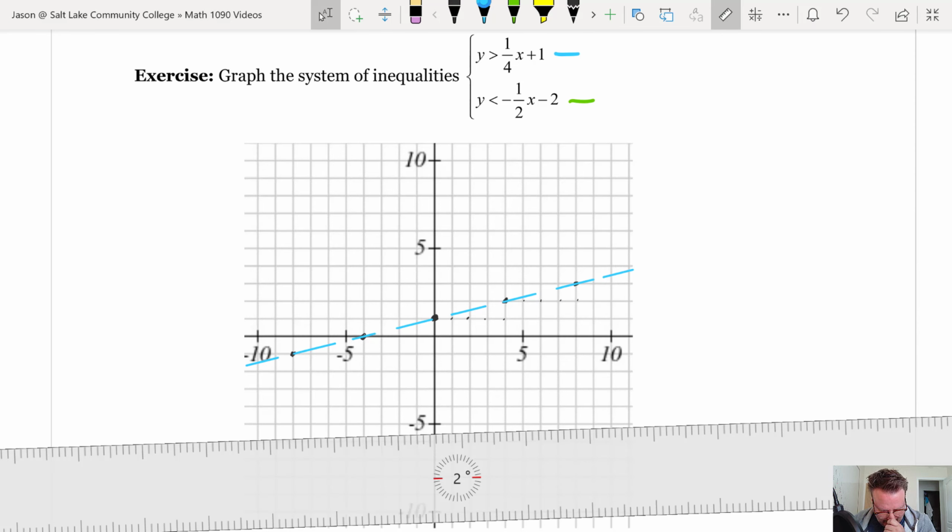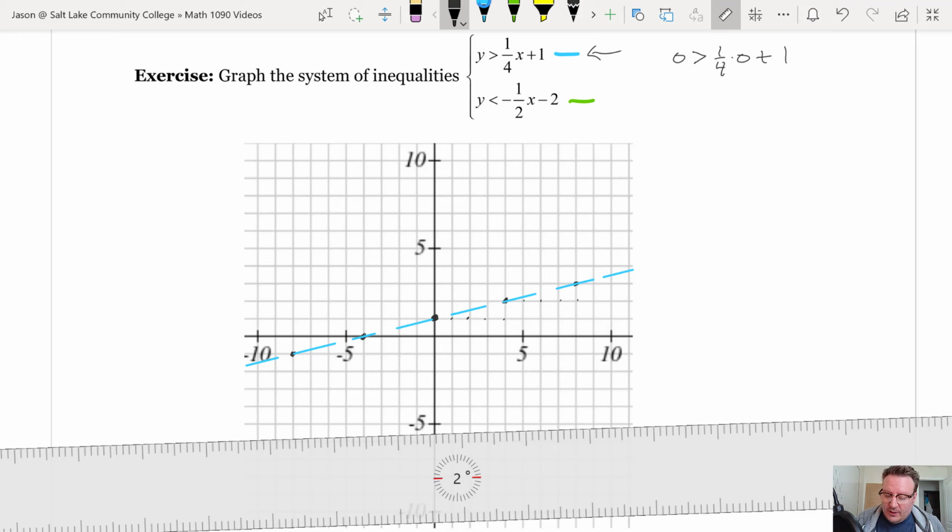And now I want everything above this, but let's just plug in the origin as a test point to see does the origin satisfy. I claim it doesn't. So I'm plugging the origin into the original inequality here. Is 0 greater than 1/4 times 0 plus 1? 1/4 times 0 plus 1 is just 1.